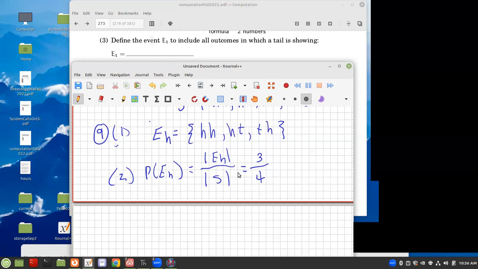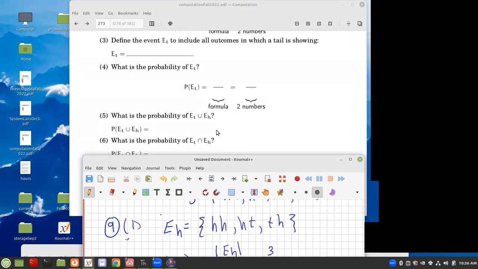Then that's going to be 3/4, because it's going to work the same way. So you can apply the same model to different concrete situations.